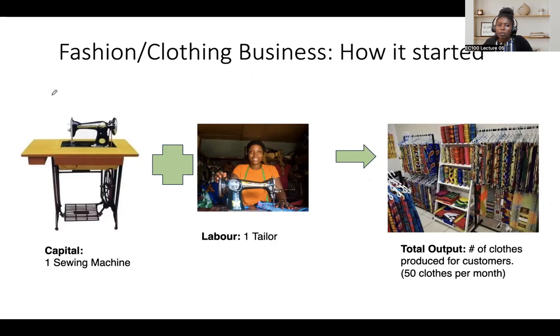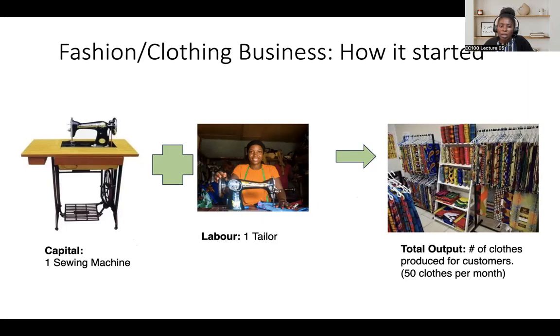Again, you need a workspace. You can see these ladies in a space, these clothes are in the space. So there's an office where all these things are, which rent is already paid for. That is land. You can think of it as land or as capital in terms of building the rent. And other inputs, like you see here, there are some materials which they are using.